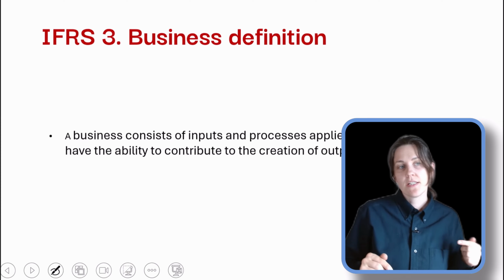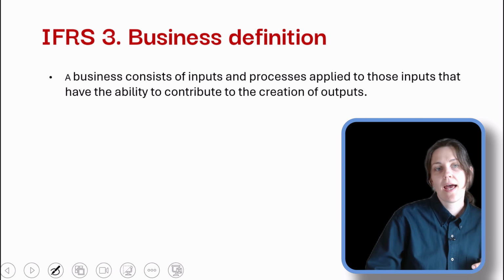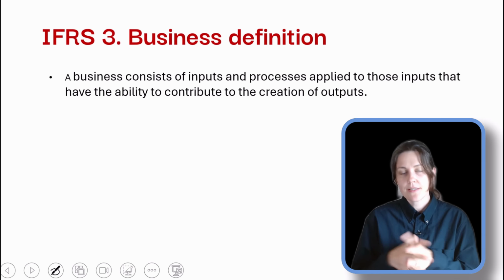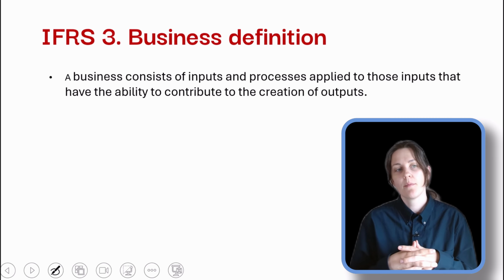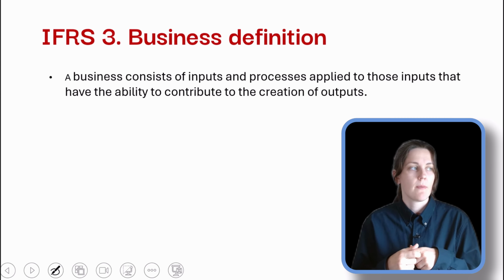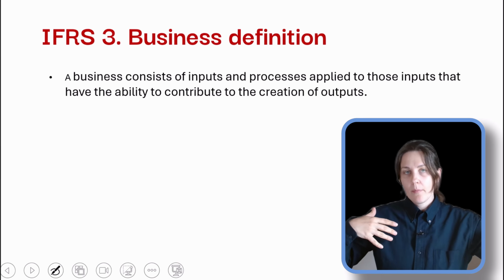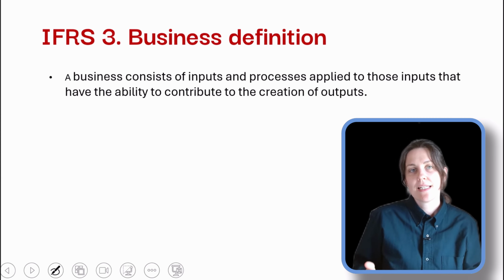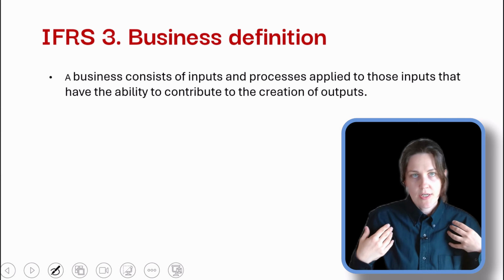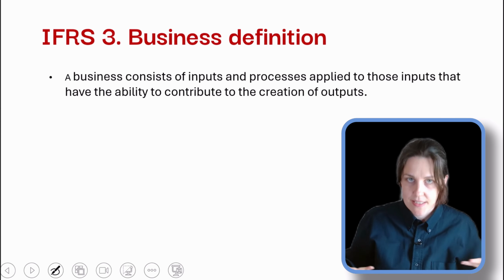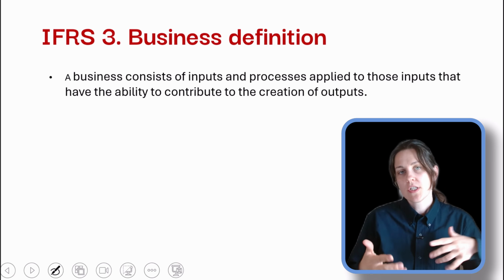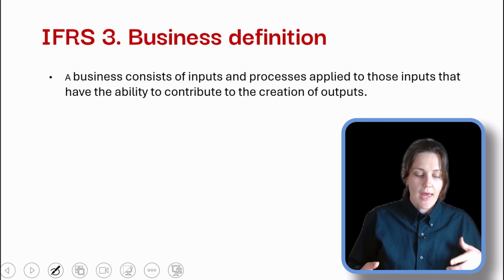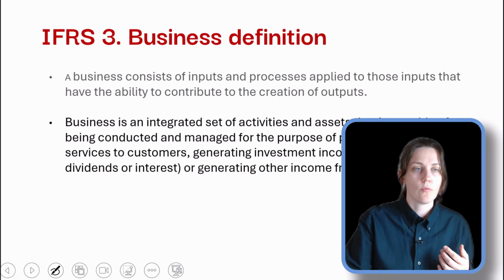Another question that is tested very frequently as question 1, and usually it's a mess when students try to attempt it, is the business definition. So for example, I'm buying a company and the company has just one asset, which is a building that it leases out. The question is whether I bought a business or whether I just bought a building that was organized legally as a business. And you remember substance over form, right?